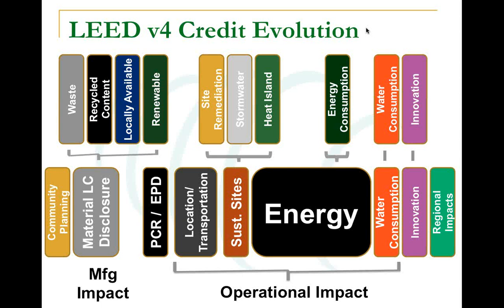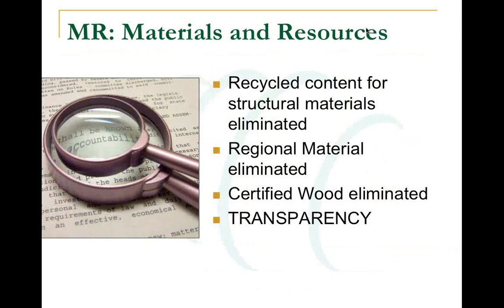So I'm going to get into a little bit of detail of the materials section. The materials and resources section has evolved. They've taken out recycled content and regional material, and certified wood, which used to be its own credit, is now eliminated. They are more focused on transparency.